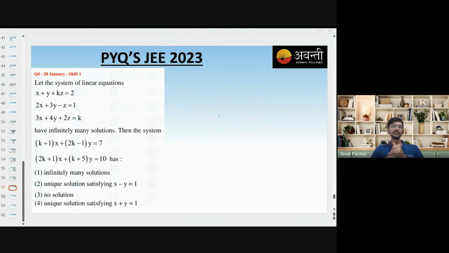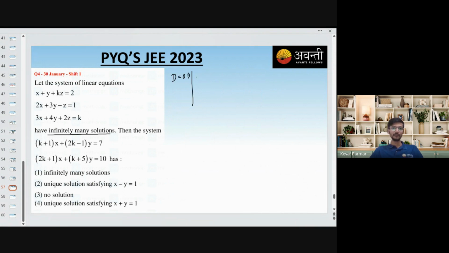So let the system of equations have infinitely many solutions. What does this mean, guys? Same thing: determinant D equals Dx equals Dy equals Dz will be equal to 0. Correct? Now let's find determinant D equal to 0.